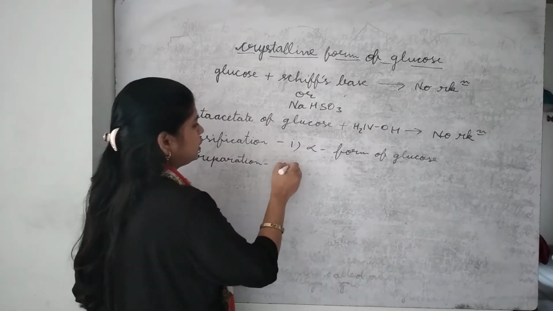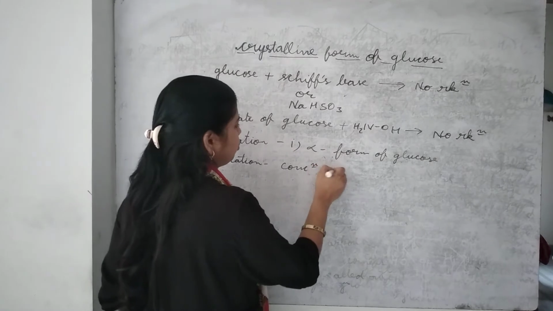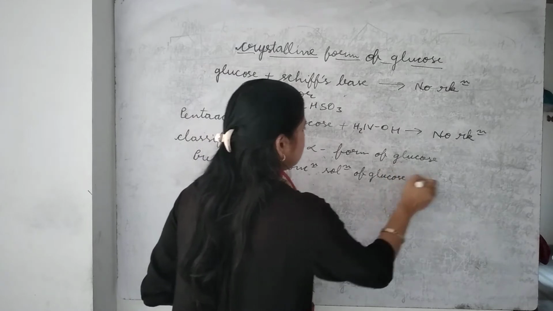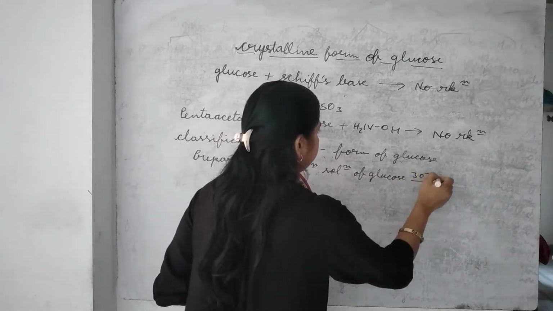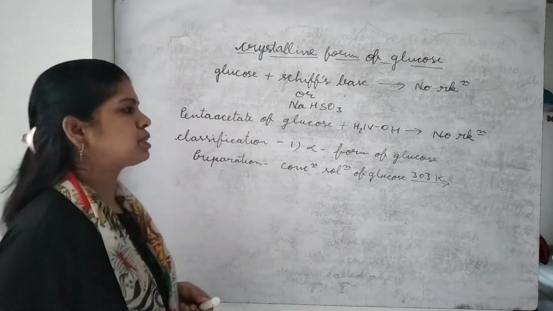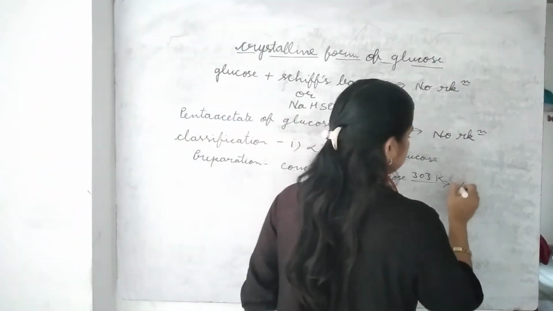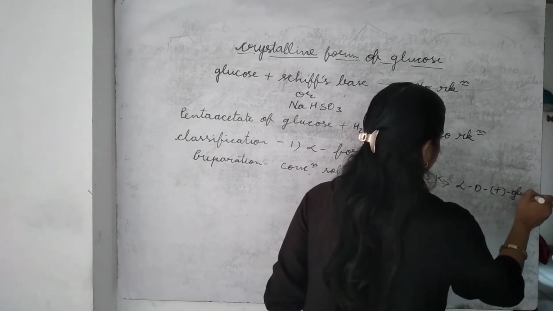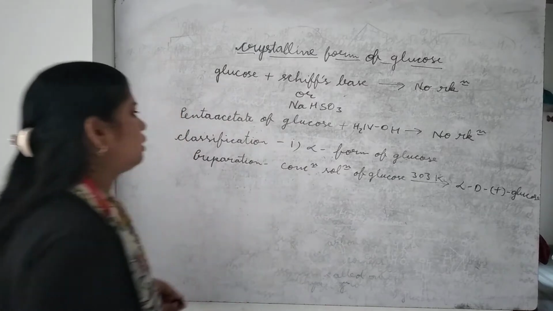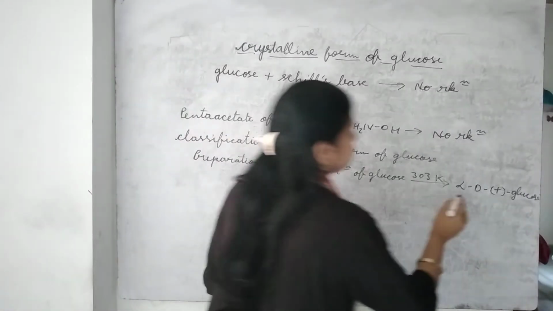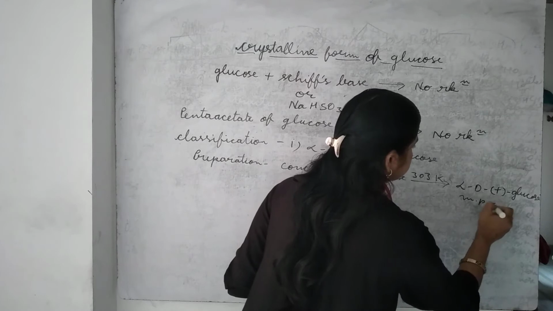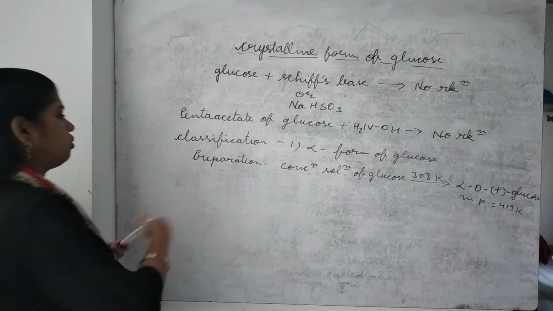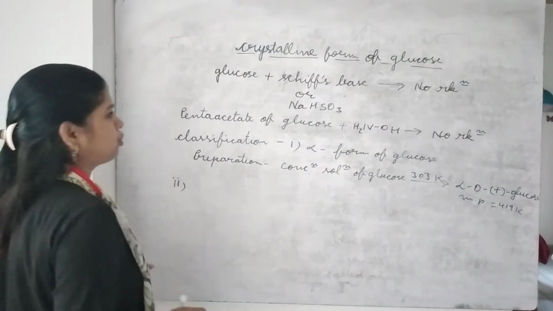If we take a concentrated solution of glucose and heat it at 303 Kelvin, it gives the alpha form of glucose, alpha D plus glucose, and its melting point is 490 Kelvin. Clear?